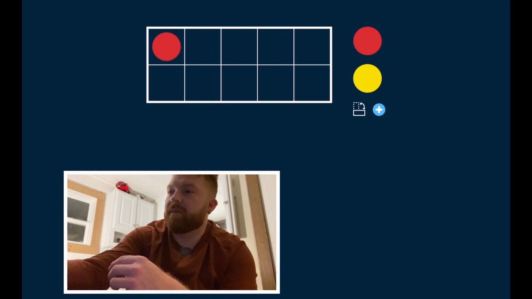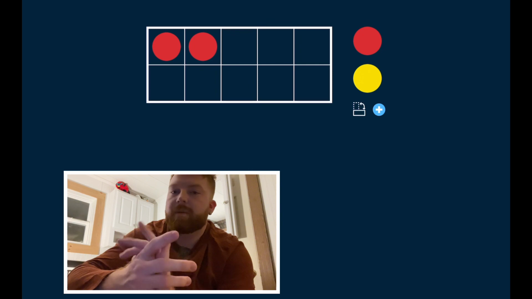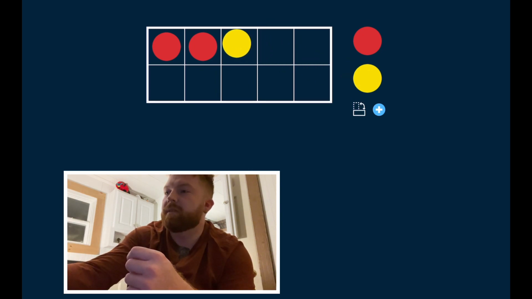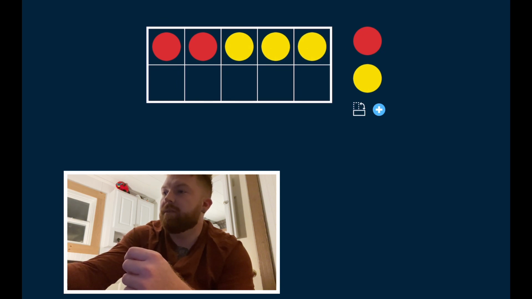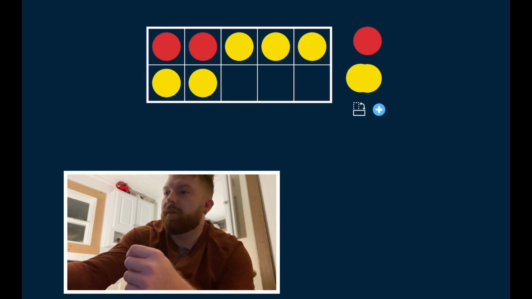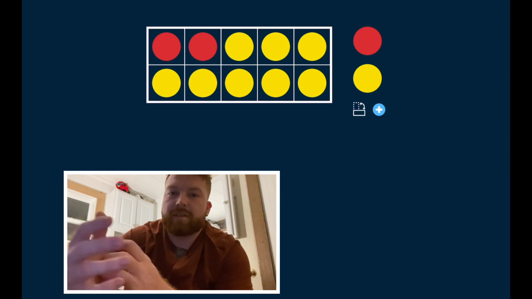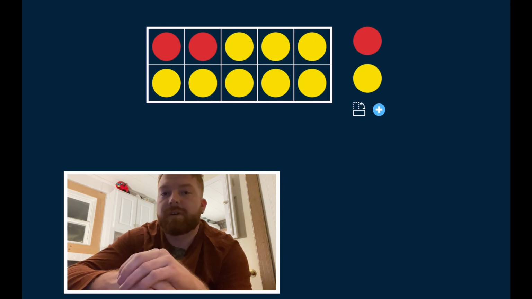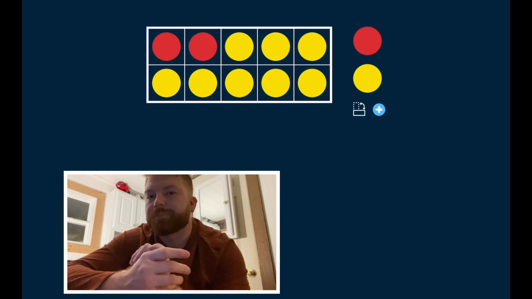So let's look over here, and we do 1, 2 marbles is what we start with. And then we got how many more? We got 8 more, so we'll choose yellow. 1, 2, 3, 4, 5, 6, 7, 8. And we know the tens frame when it's full equals 10. So then we know 2 marbles plus 8 marbles equals 10 marbles.